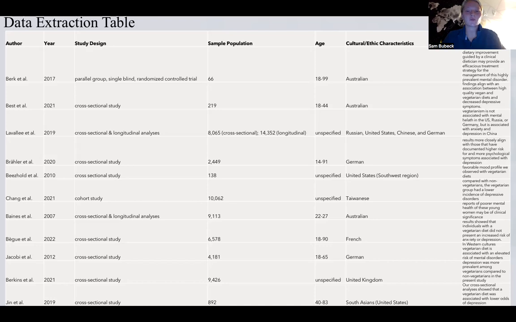The age range was unspecified. I tried pretty hard to look for that, but it covered many age groups. It had focus in Russian populations, Chinese populations, German populations, as well as the United States population.